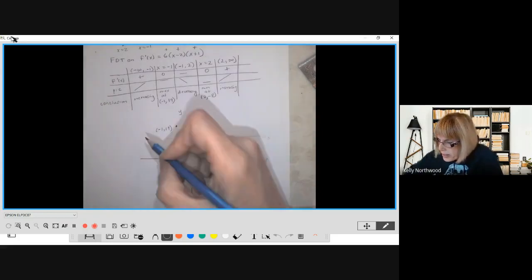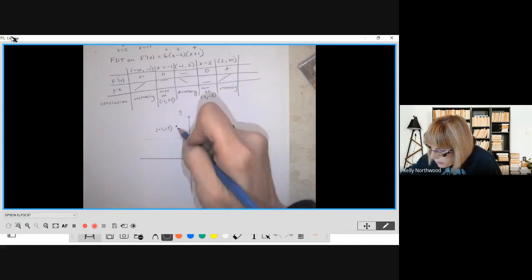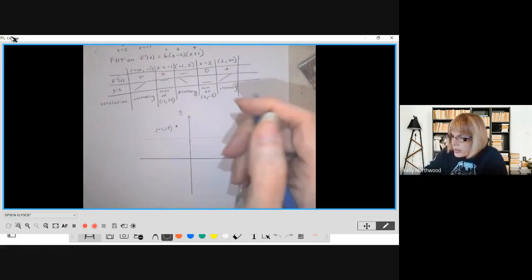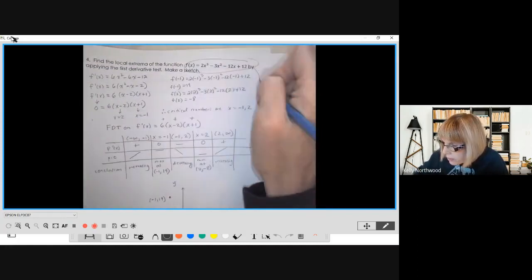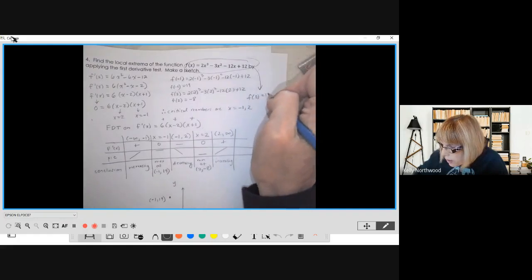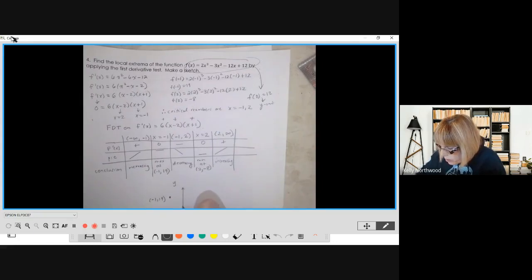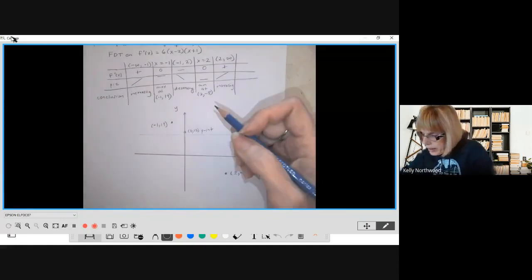So we're increasing up to here, where we have a maximum. Oh, and then we should be aware of our y-intercept at 12, which I can put on. So f at 0 is 12, which is the y-intercept. So if this is 19, say this is 12-ish. Just another helpful point we can have on there.